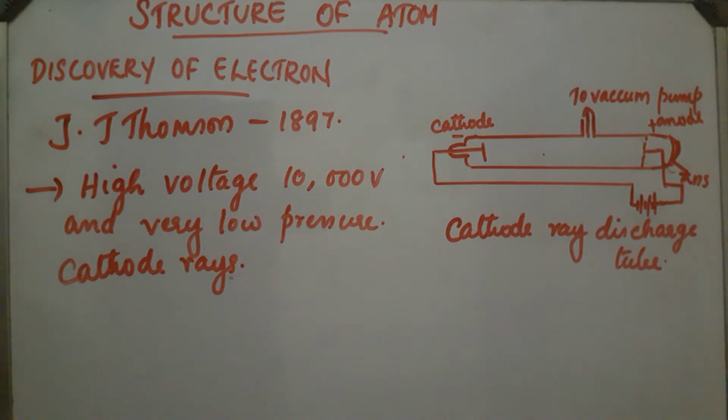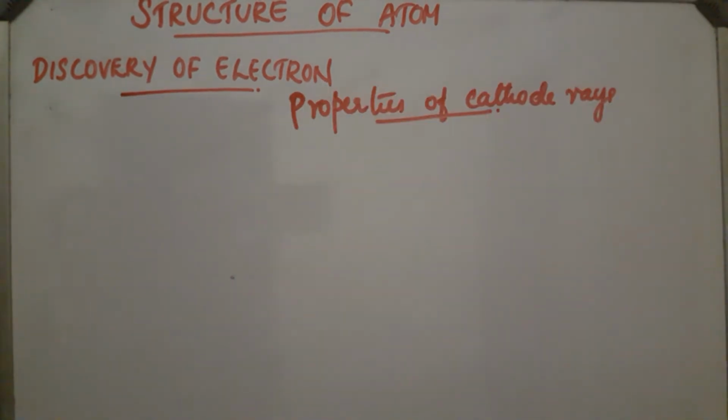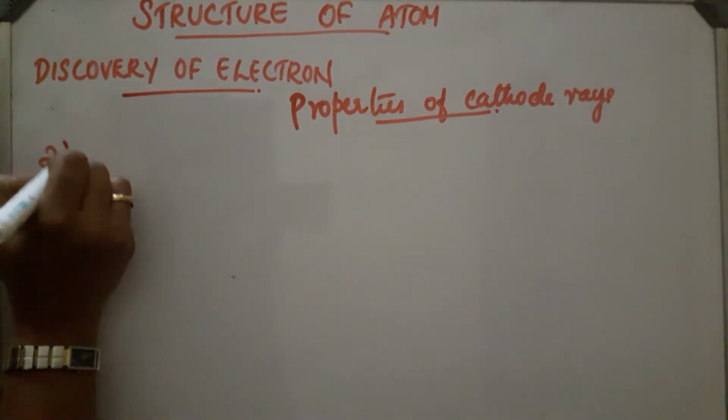Next, we can identify some of the important properties of these cathode rays. Properties of cathode rays. First one, these rays start from the cathode and move towards the anode in straight lines.